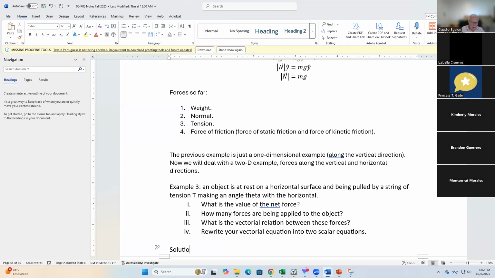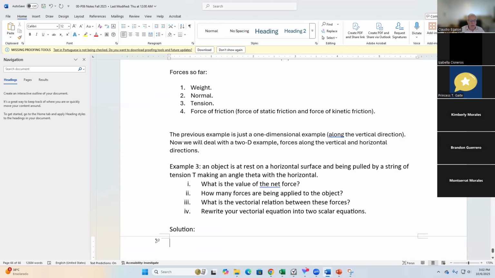What's the value of the net force? Okay, because the object is at rest, according to Newton's first law of motion, the net force must be zero.